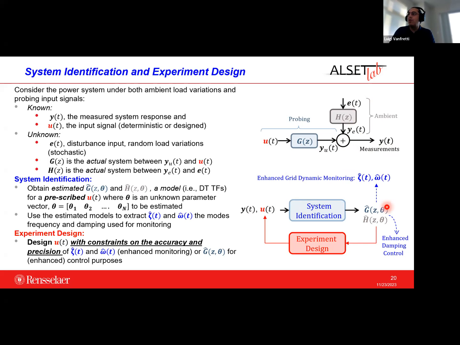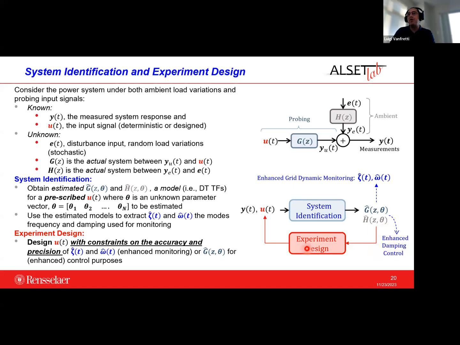And through system identification, we're going to get an estimate G hat and H hat that we can use for enhanced grid dynamic monitoring, which is what we will talk about today, by calculating the frequency and damping of each of the modes.